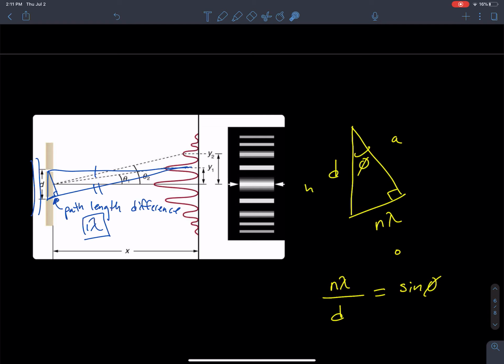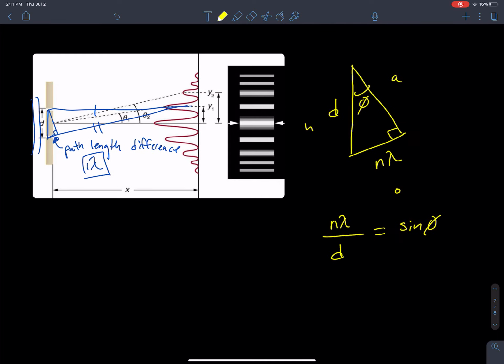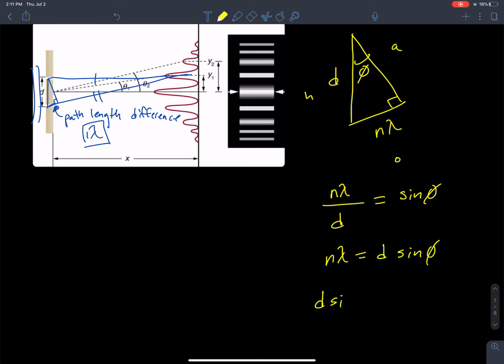So already we're deriving an interesting formula for my angle of diffraction, because if I rearrange this and cross multiply the d with sine theta, I will get n lambda is equal to d sine theta, or just change that order so that you can see d sine theta is equal to n lambda, and there we have our diffraction formula.